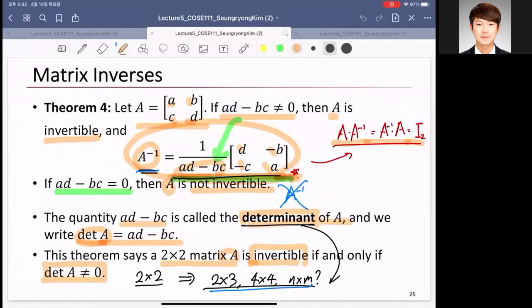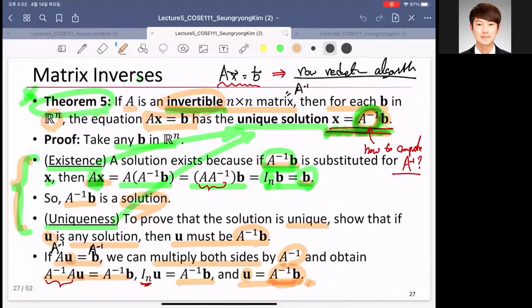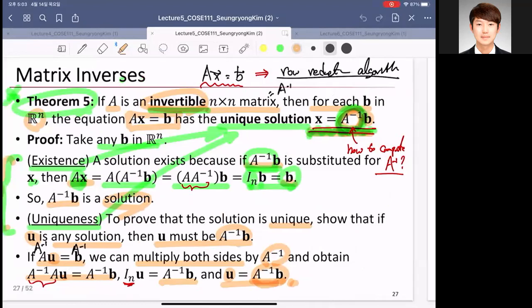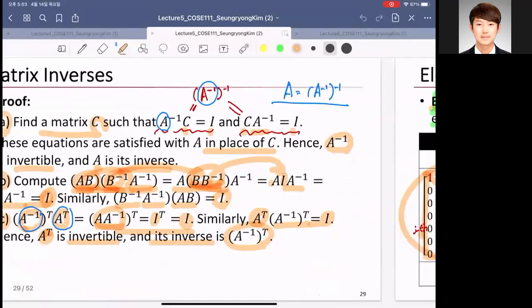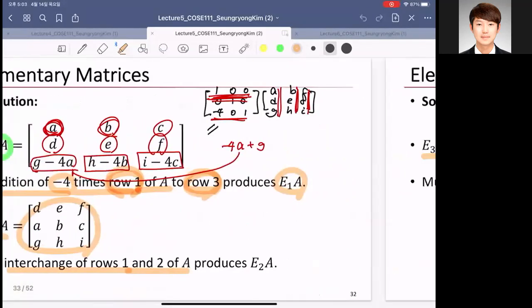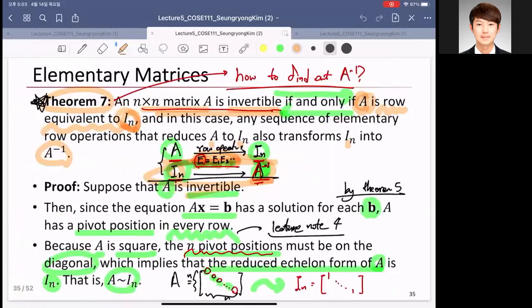We discussed how to compute the inverse of a 2x2 matrix A, but that is not the general case. For a general n by n matrix, we need another way to find the inverse of A. Before that, I would like to discuss that Ax = b has a unique solution x = A^-1 b. Then how do we find the matrix inverse?